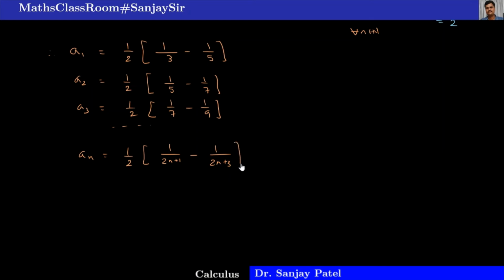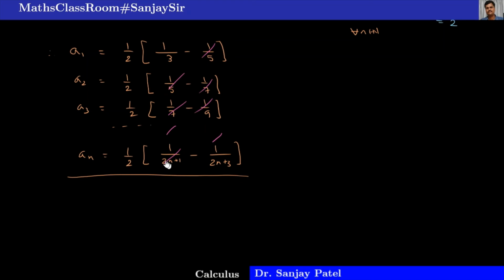1 upon 2n plus 3. Okay. Now adding all this, what we get is a1 plus a2 plus a3 up to an on the left hand side. And here on the right hand side, when you add all these brackets, 1 upon 2 is common, and this 1 upon 5 is cancelled, 1 upon 7 will be cancelled, this will be cancelled, and the previous term will be cancelled with this.